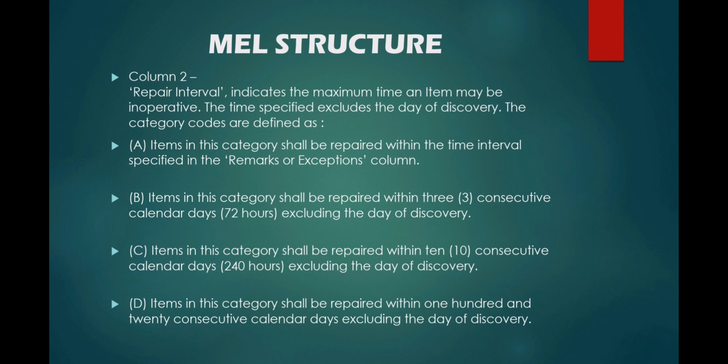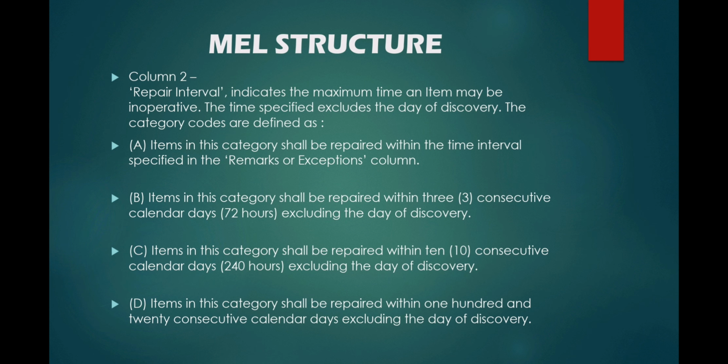In column number 2, which is the rectification interval, you can see 4 alphabets: A, B, C and D. Alphabet A means the items in this category shall be repaired within the time interval specified in the remarks and exemptions column.